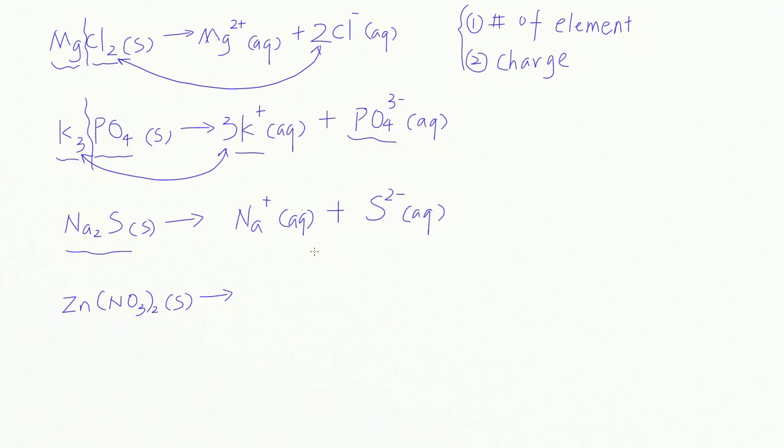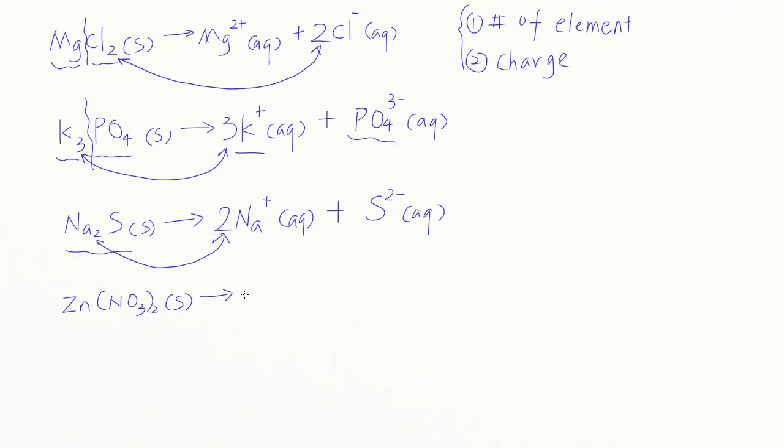So before and after the dissociation, the charge is balanced. You need 2 sodium cations to balance the 2 negative charges from the sulfide, so you have to have 2 here. Again, if you check the number of the elements, you have 2 sodium here, you are good. If I connect the 2 here and here, it tells you where those 2 sodium cations come from.